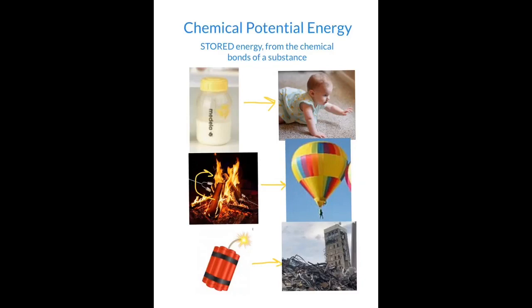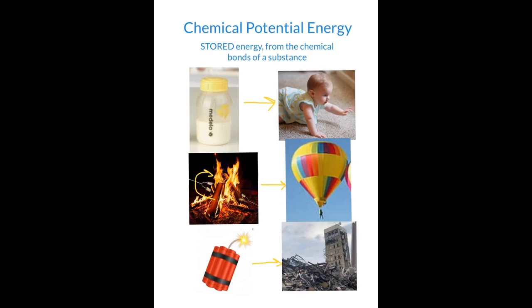However, there are other types of potential energies. There's another type called chemical potential energy, and this is once again stored energy. It's something stored inside of you from the chemical bonds of a substance. So you'll notice that things can break down and turn into energy.